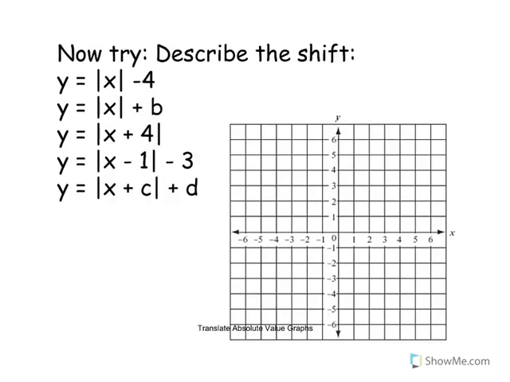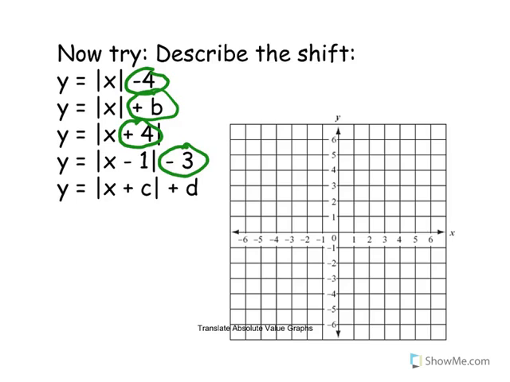All right, so now you're going to do this in your notebook, right? Describe the shift. So what I would do if I was you is I would pause it so that you can actually do it, not just steal my answers, right? And then we can just kind of dictate it, right? So for the first one, -4 means I'm going 4 down. +b means I'm going b units up. +4 inside means I'm going 4 units left.